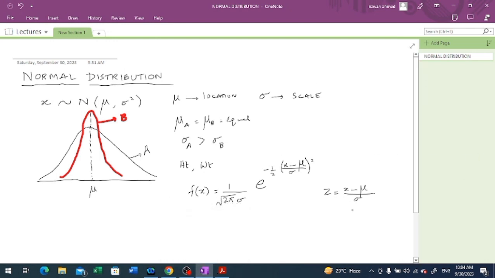So over here we can see if we take the value of x exactly equal to mu, we take this difference to be 0 for x equals mu. We take this 0 divided by sigma, and that gives us 0. So if we move across this horizontal axis, this is the point where we observe the value of x equal to mu exactly. So we can say that the central value of z is equal to 0 once x is transformed to z.